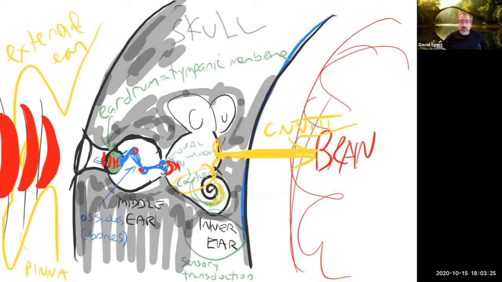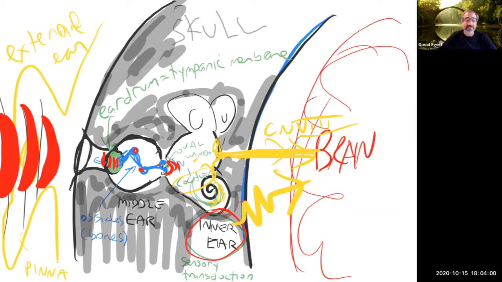All this so far is just mechanical conduction, transmitting the vibration mechanically into the inner ear. Once we get to the inner ear, then something different happens. We have the electrical conversion, and we send an electrical signal through the nerve into the brain. So there's two things going on here. One is getting the vibration into the inner ear. The second is, in the inner ear, converting the vibration into an electrical signal.